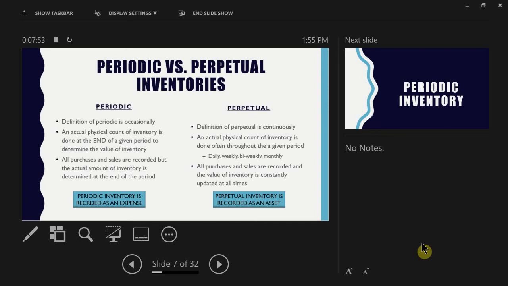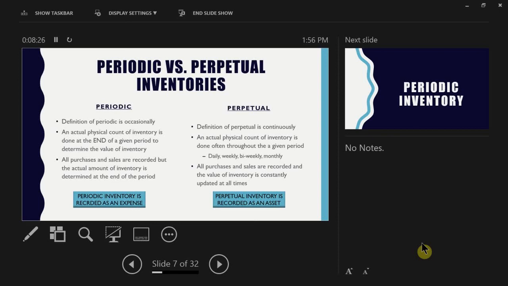They just assume that once they take a physical count of their inventory, they must have sold the rest. And a big key factor here is that once we purchase periodic inventory, we recognize it as an expense. Then at the end of the given period, once we take that physical count, we convert the purchase expense into inventory.